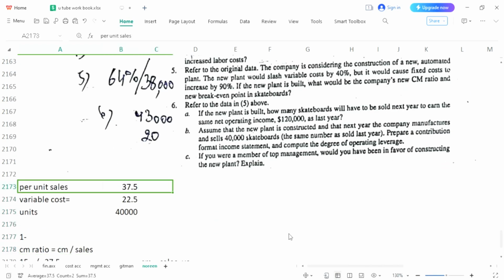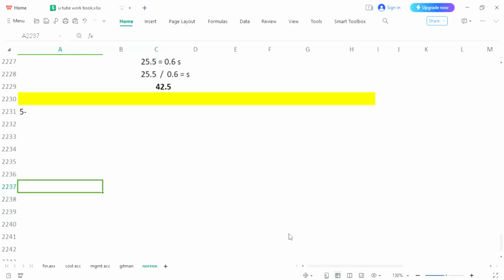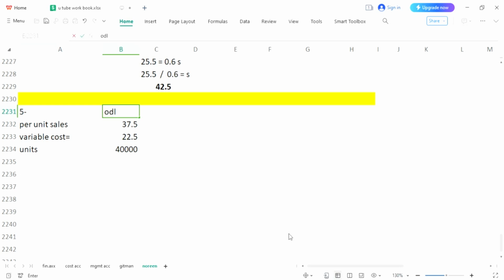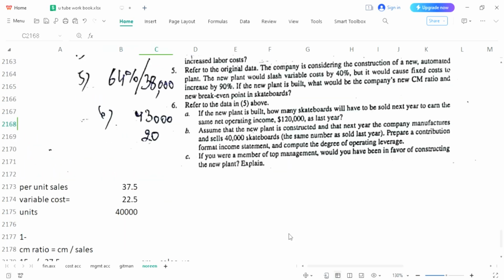These were the original inputs given in the question, and we are putting them over here. And these inputs are actually old inputs we will mention over here. And now we will see what changes they are saying. In the fifth part, the company's automated plant slashes variable cost by 40%.